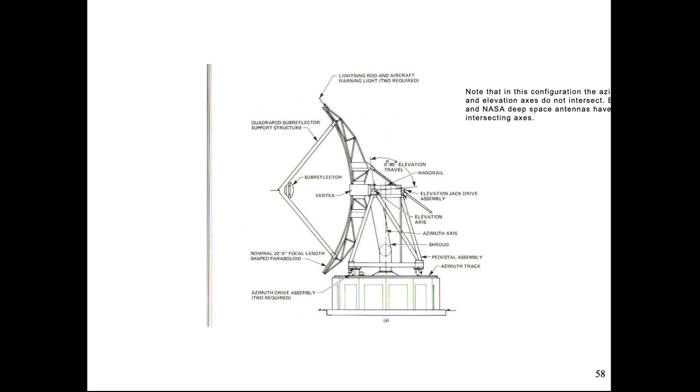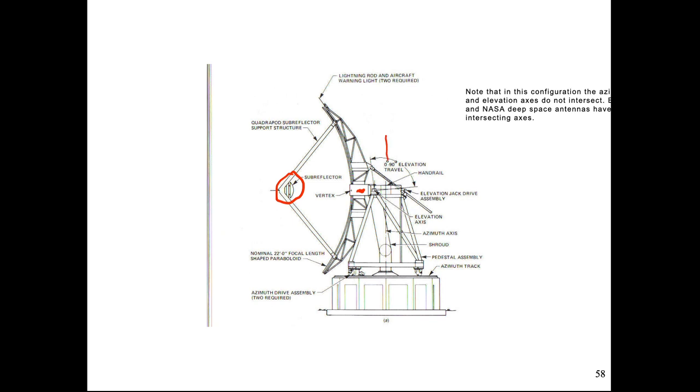This is the classical mount of an elevation azimuth antenna. So we have the subreflector, the vertex room here with the receiver, the second feed, the Cassegrain focus. This is a Cassegrain mount. We have two axes.